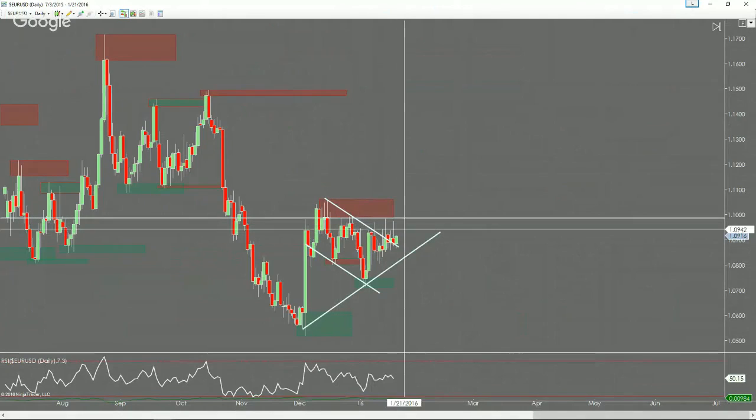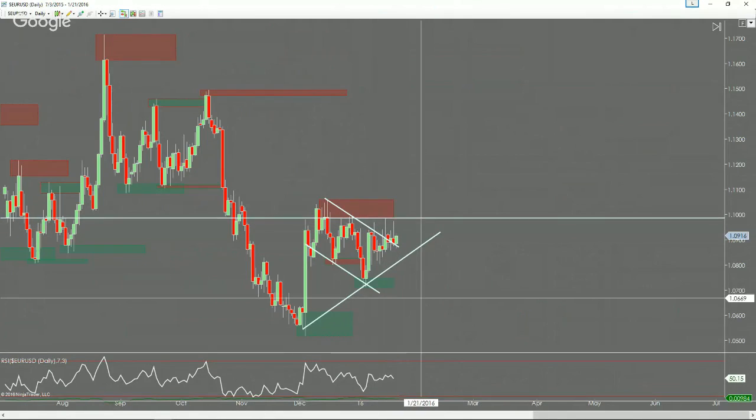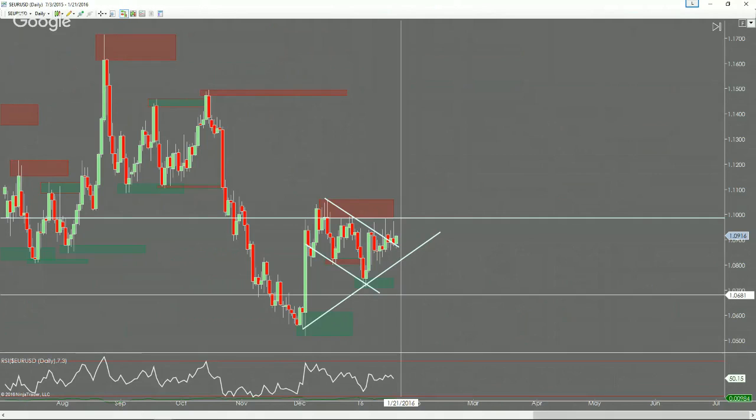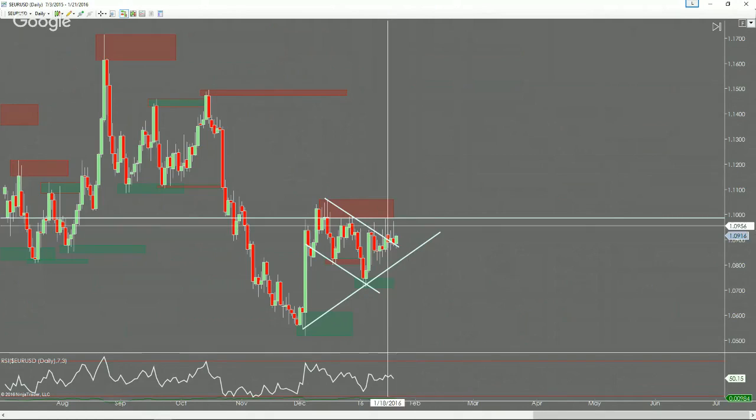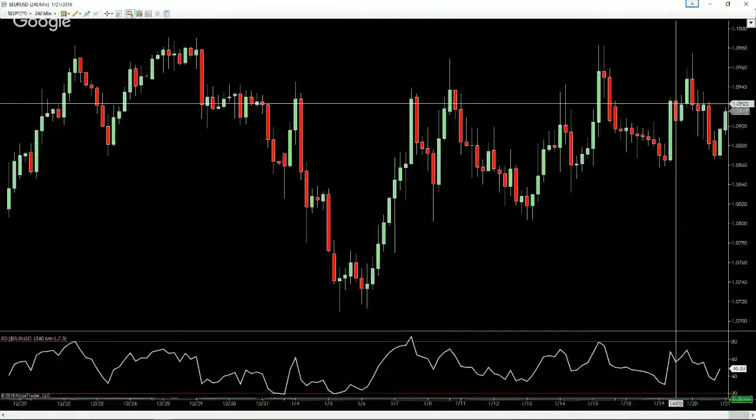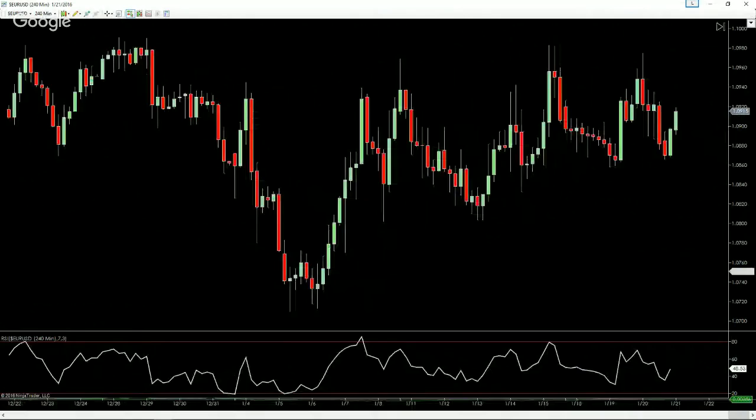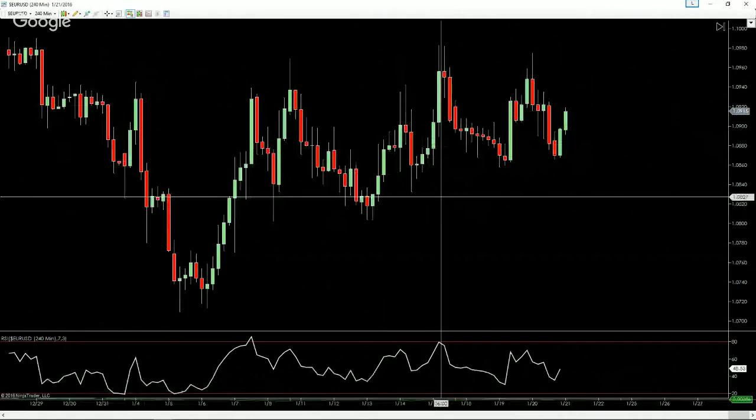What I'll be waiting for is for price to come back up to that level of structure and find the reason to get short, anticipating price to go down past that triangle. Let's go take a look at the 240.